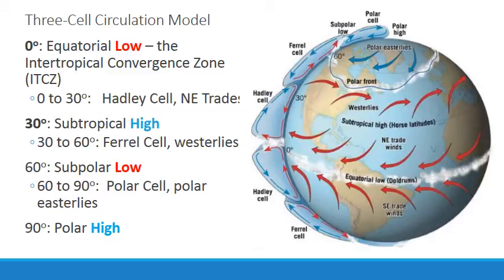The equatorward flow is deflected by the Coriolis force to form the reliable trade winds, so called because they enabled early sailing ships to move goods between Europe and North America. In the northern hemisphere, the trades blow from the northeast, while in the southern hemisphere, the trades are from the southeast.